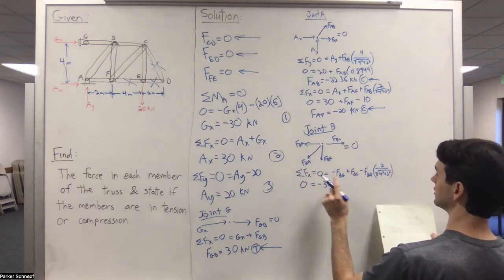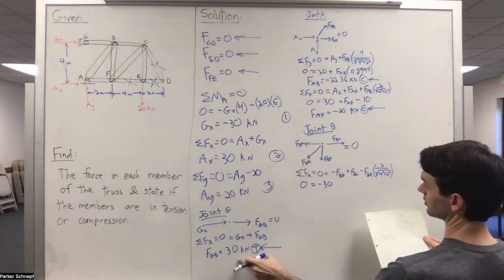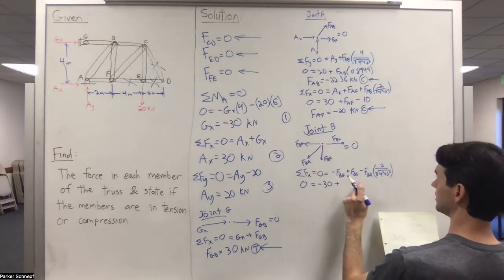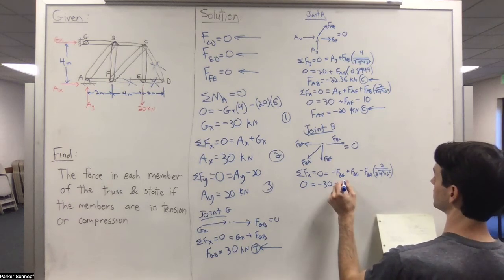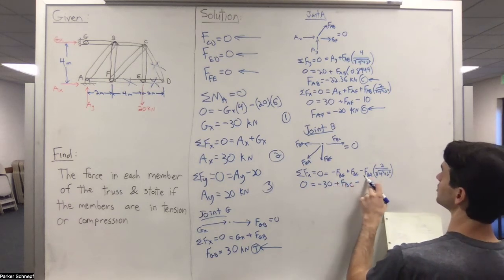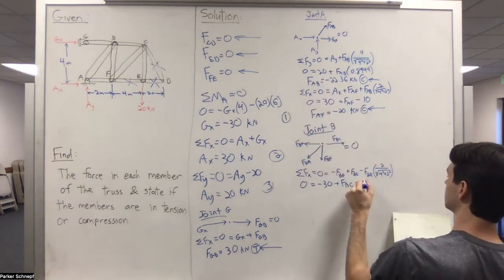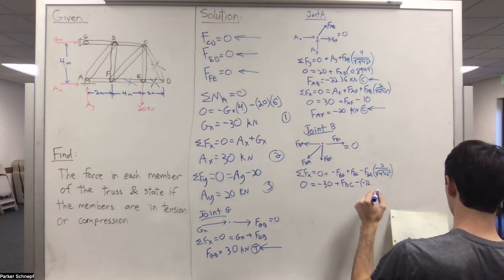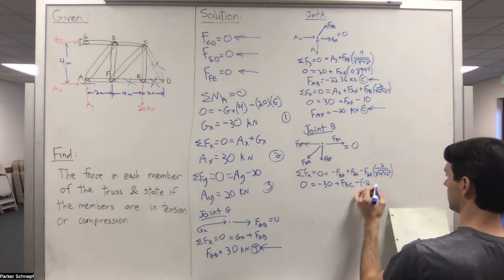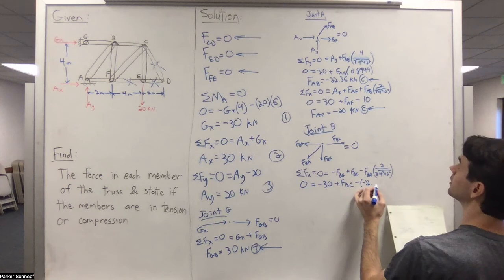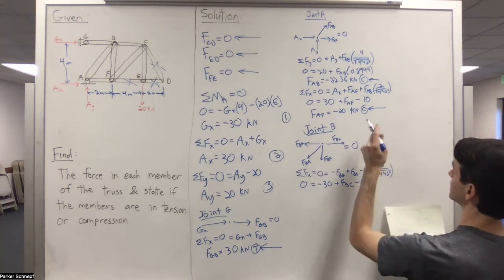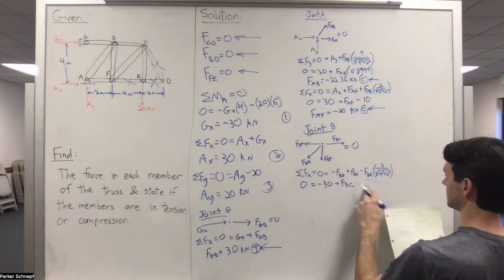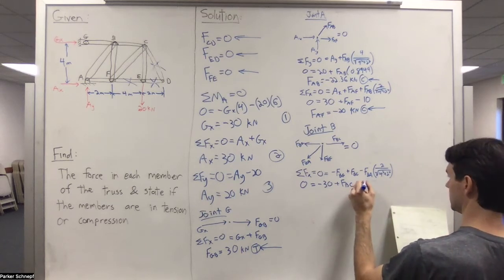Minus, see, FBG is a positive 30. So minus positive 30 plus FBC, don't know yet, that's what I'm solving for, minus FBA is a minus 22.36.